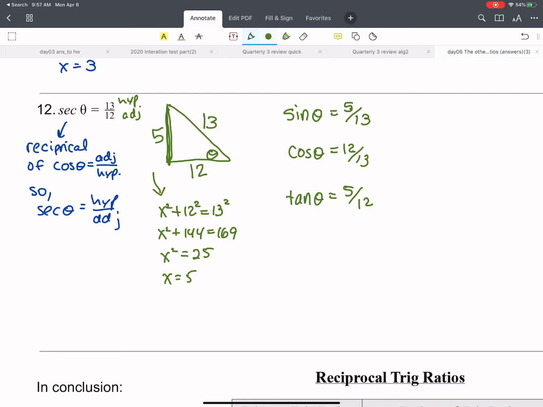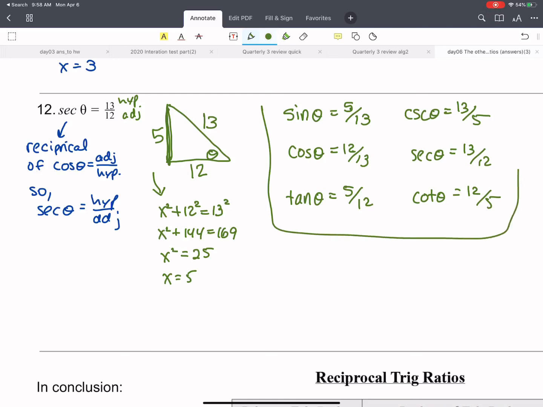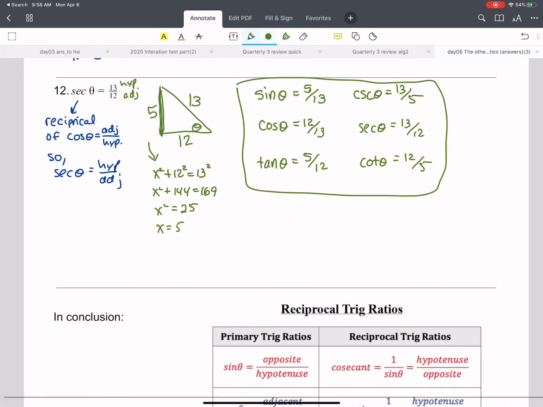Some people like to do that. Now we also have cosecant theta, the reciprocal of sine, secant theta, the reciprocal of cosine, and cotan theta, the reciprocal of tan. And if you were able to do this, you're in good shape. Nice work.